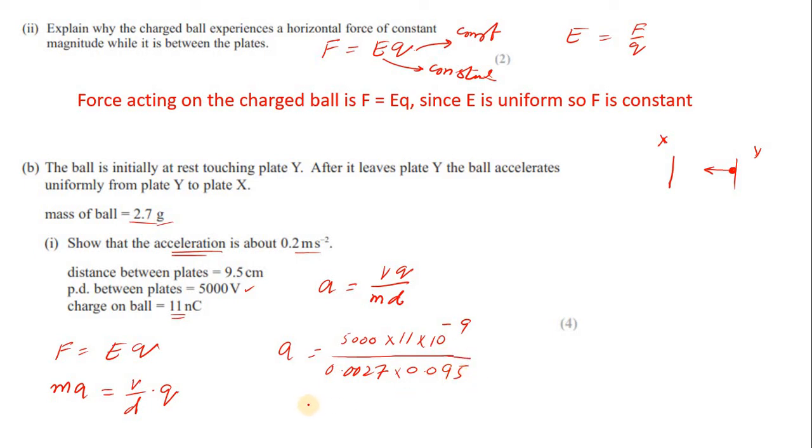And once you solve this, acceleration would be equal to 0.214 or 0.21 m s minus 2. This is the acceleration of the ball.